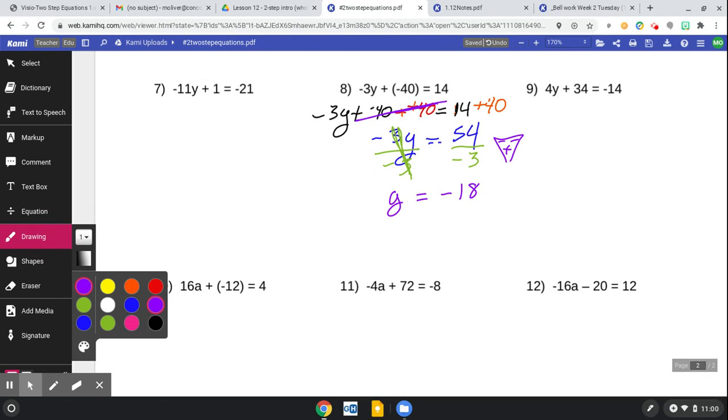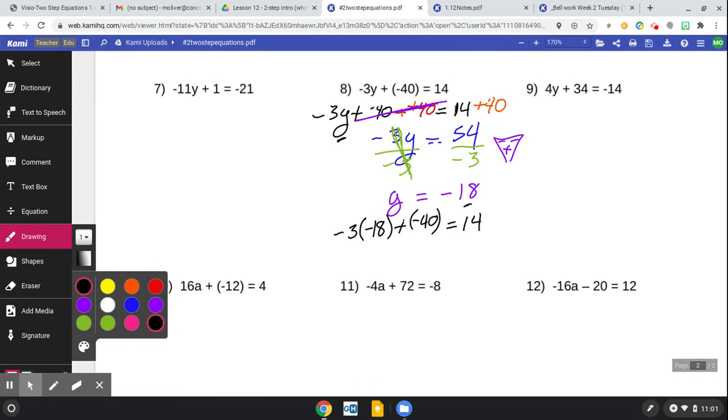Okay. All right, now we got to check our work. Replace y with your negative 18. Negative 3 times a negative 18 plus a negative 40 equals 14.